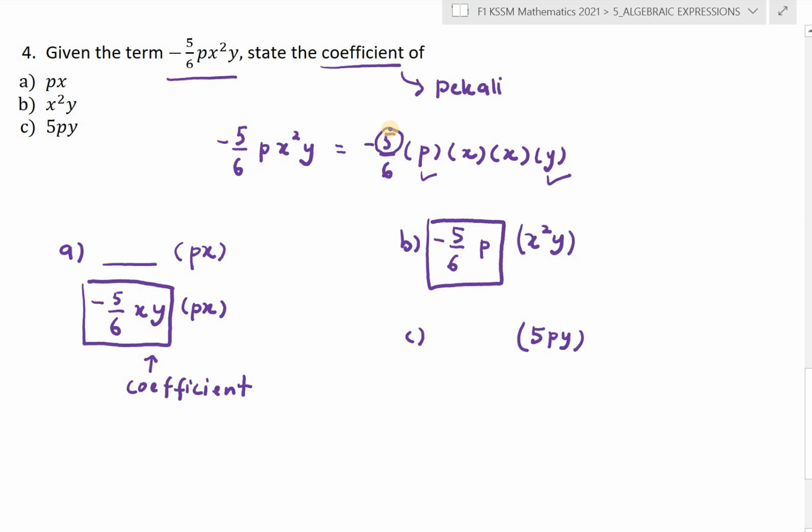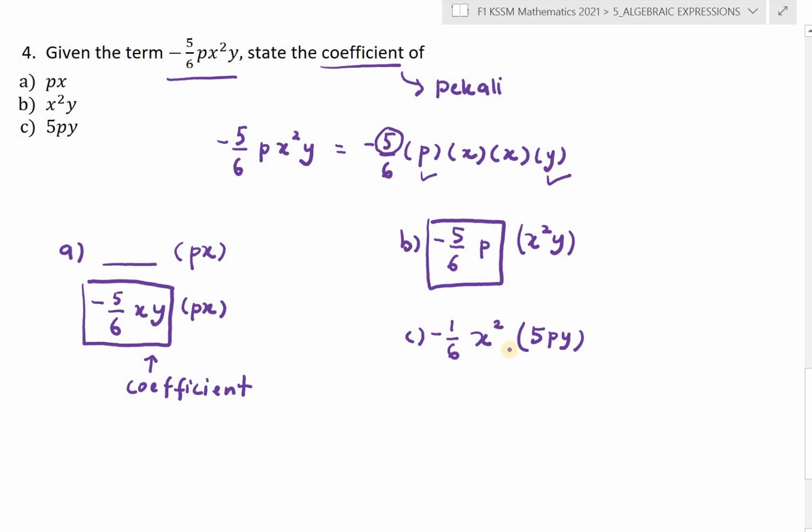Maksudnya yang tinggal adalah, kalau dah ada 5, maksudnya yang tinggal kat sini adalah 1/6. Okay? 1/6. So, negative 1/6. Okay? P dah ada. So, yang tinggal negative 1/6 X square, as the coefficient.